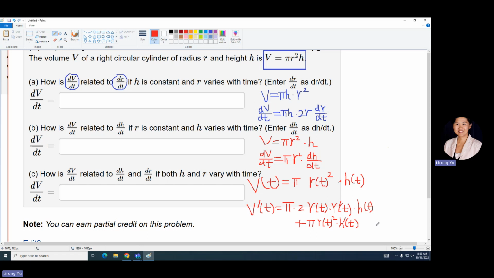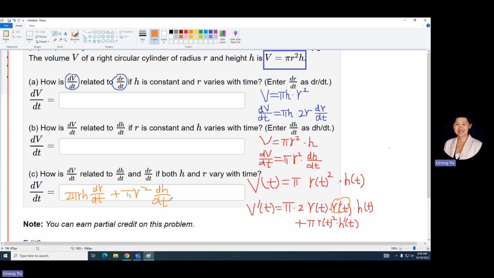Essentially, the last part will be a summation of the first part and the second part. So right here, we enter 2 pi r h and then dr/dt, plus pi r squared and then dh/dt.